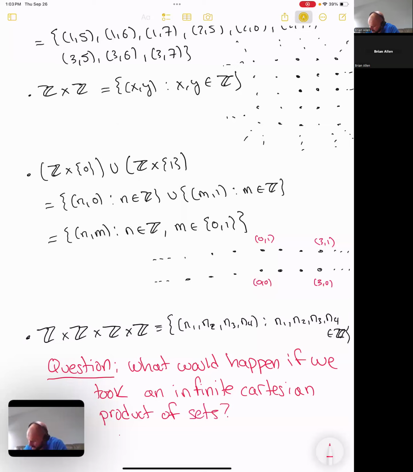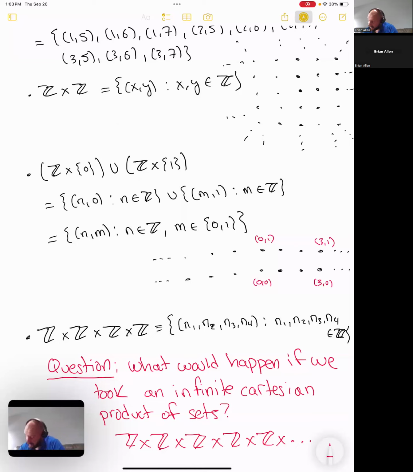So again, I'm going to leave this completely open-ended, and I'm not going to answer this question, but I just want to remind you that there's always more things you can do with mathematics. And it turns out that this example is actually important for talking about sizes of infinite sets and in topology. It's not just for the fun of it.